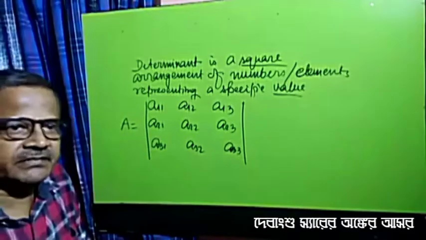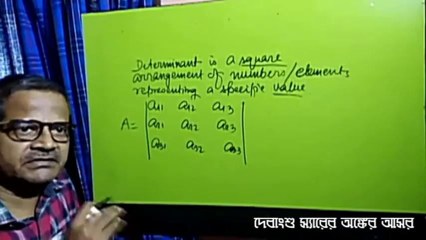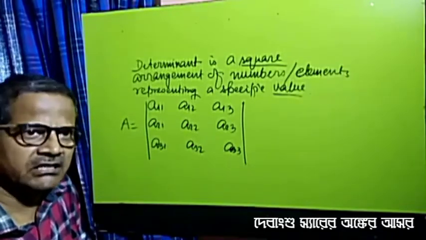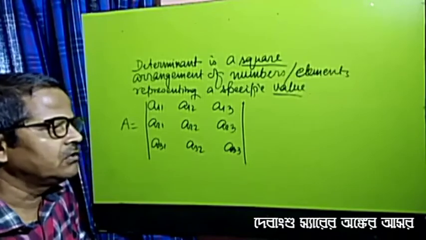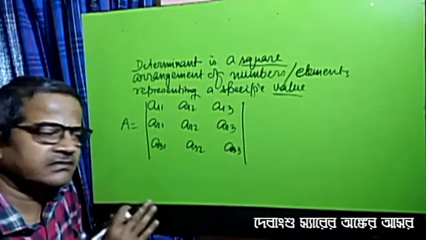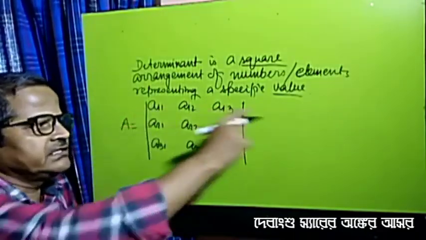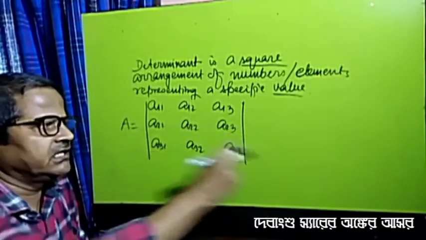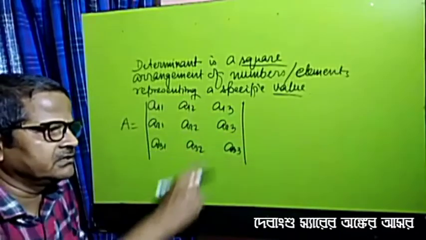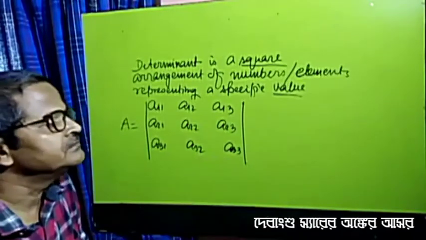Let A be a determinant. We consider a third order determinant, with the same concept and definitions for higher or lower order determinants. Now see, this is R1, R2, R3, and this is column 1, column 2, column 3, or simply C1, C2, C3.